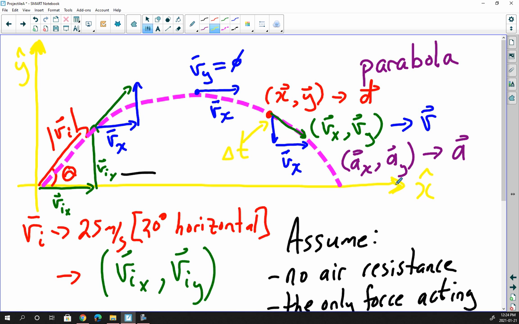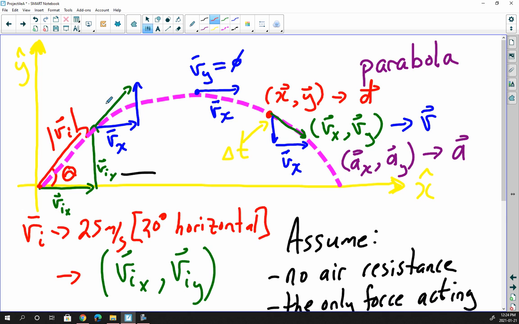In the back of your mind, you always have to think this motion is happening on this x hat, y hat Cartesian plane. And then the object starts out here, and I've drawn this parabolic path that's pretty close to a parabola in pink.